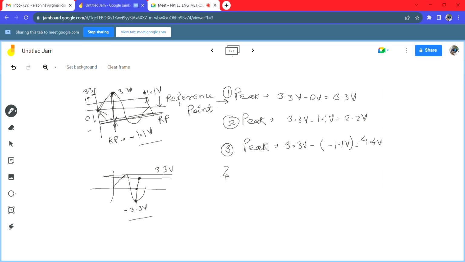So in the fourth case we will get the peak to be 3.3 volts minus 3.3 volts, that will correspond to 6.6 volts. So this is a very important point while designing your comparators.